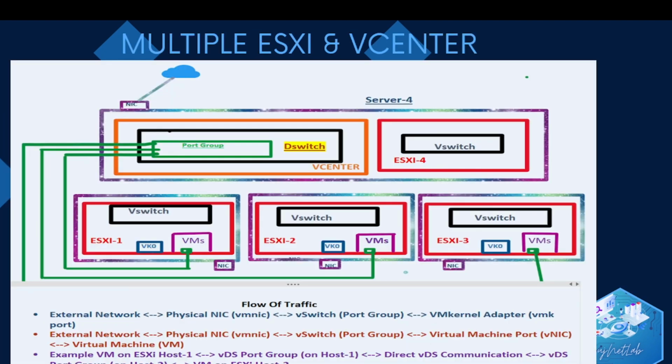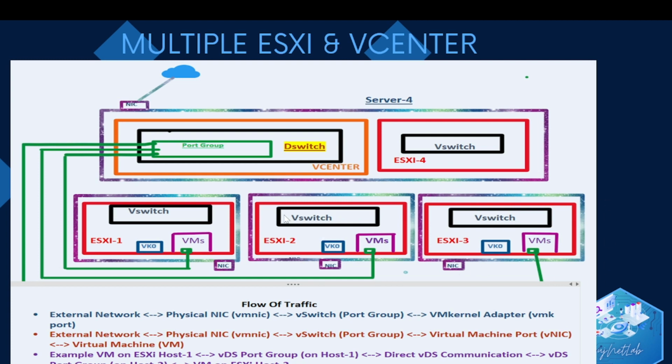In that case the VMkernel adapter will be used. Now you see here, for example, we have four blade servers. This outer blue sparkling line is for the blade physical server. Inside each physical server we have an ESXi host installed, one, two, three. Orange color is the ESXi host.